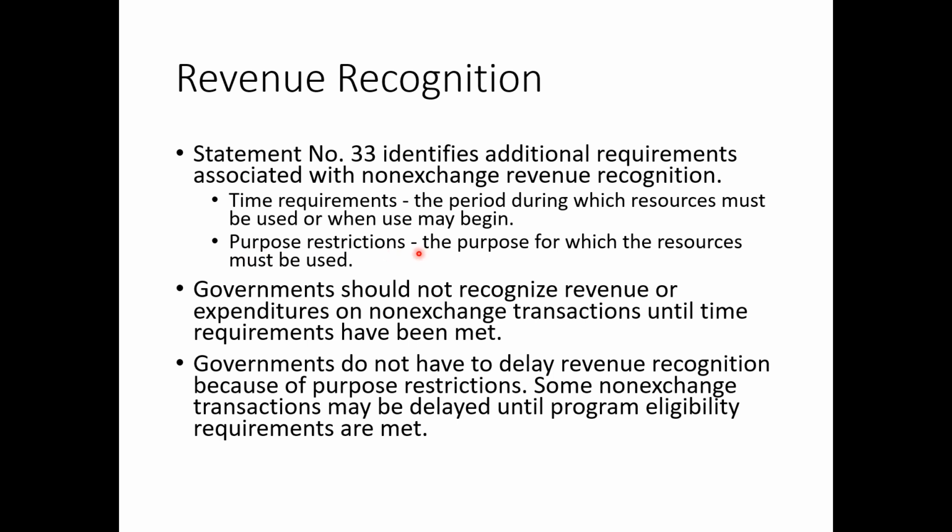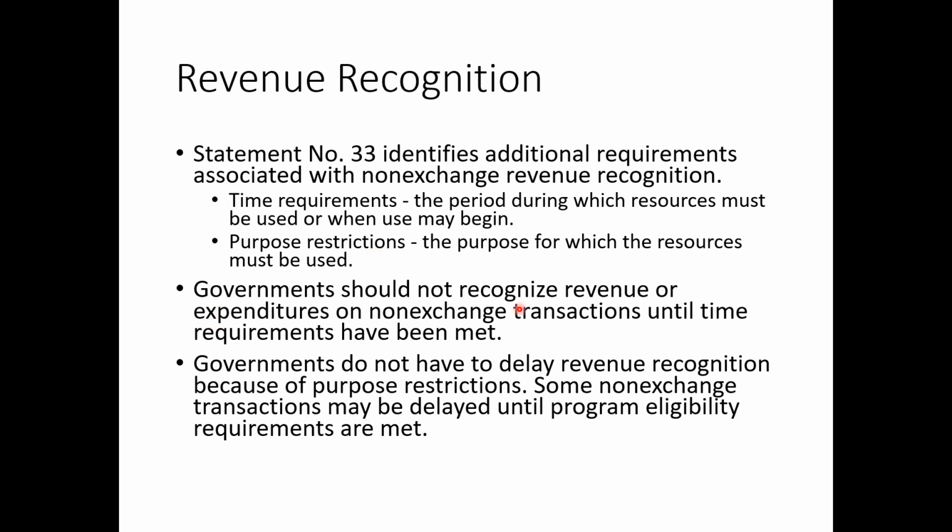This is a purpose restriction. The purpose restrictions will not affect the revenue recognition. Once we receive the grant, yes, we have a revenue, but we know it's restricted for that purpose. It becomes restricted resources, and we're going to show that in the fund report eventually.